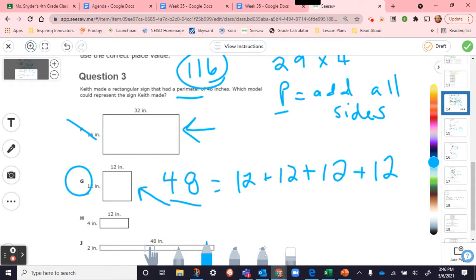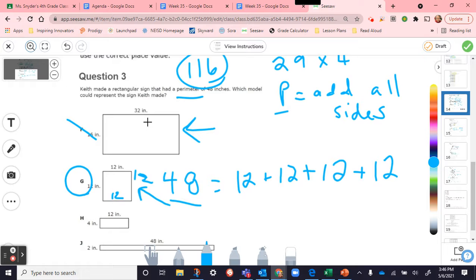When you add up all the 12s, because this has a 12 on one side and a 12 on the other, and the opposite right here would be 12, and the opposite over here would be 12. If you add up all those 12s, 12, 24, 36, 48, that's the one that matches.